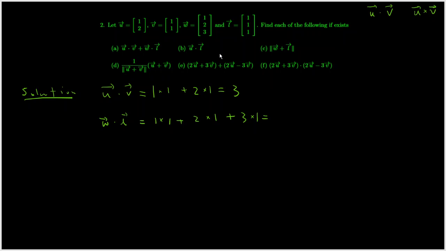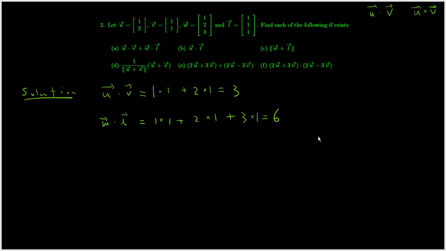Okay. And then the answer again is a number. The number is 1 plus 2 and then plus 3. I think the final answer should be 6. I think it's 6, right? So correct me if you see anything wrong.